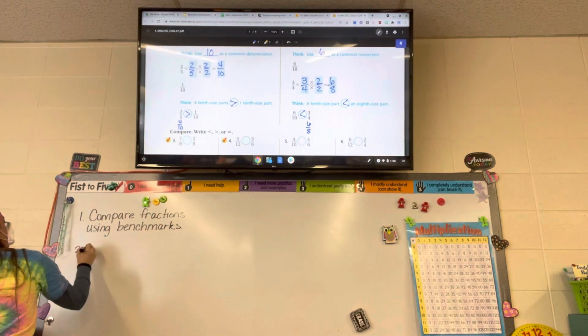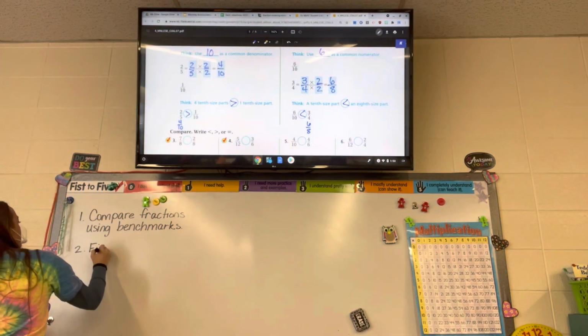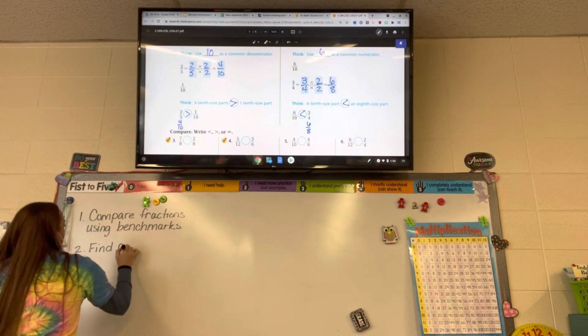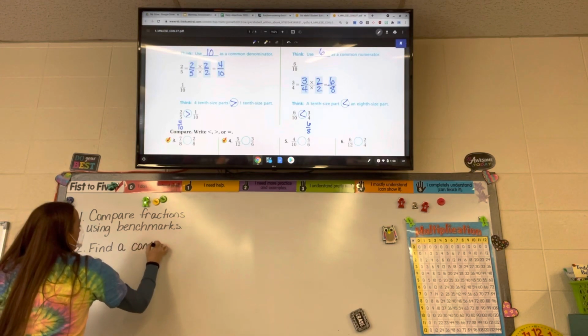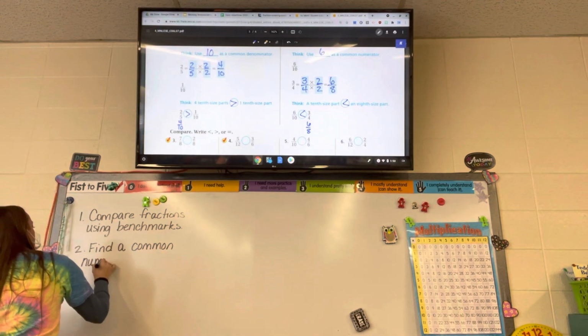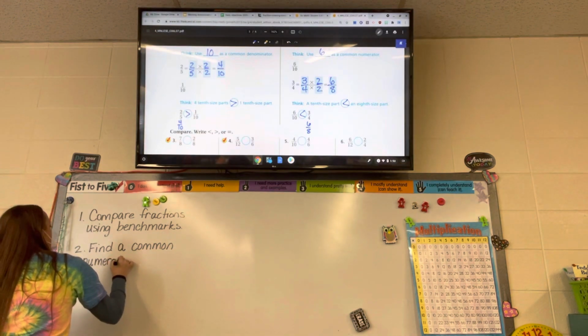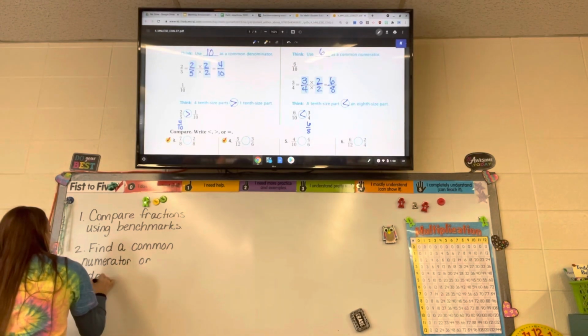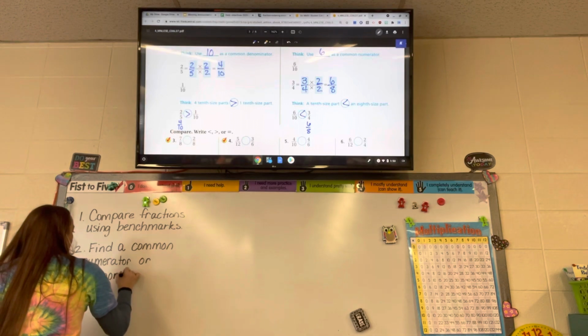Step 2, or another option, would be to find a common numerator or denominator, whichever one works the best.